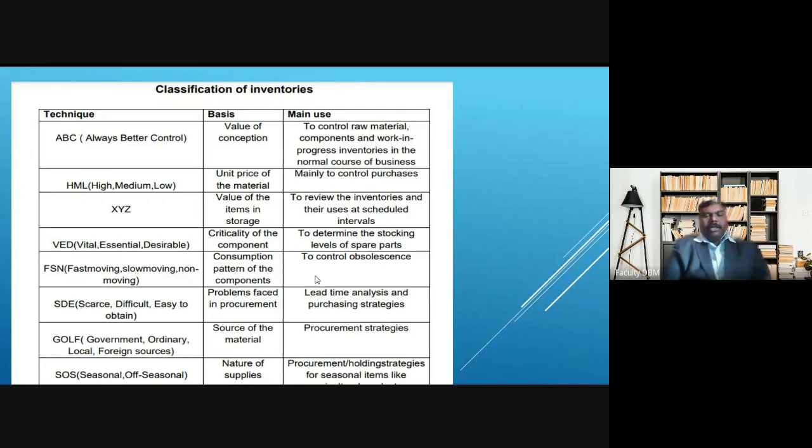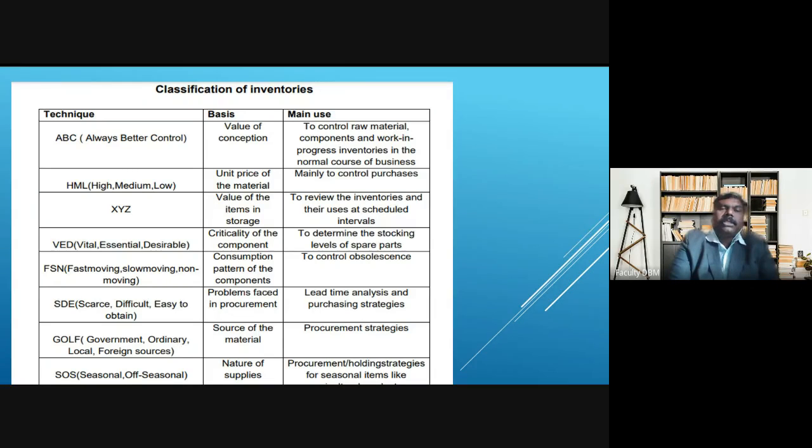So here GOLF means government, ordinary, local, foreign sources. That is, the basis is sources of material. If you want procurement, we have to think either from government, ordinary, local, or foreign sources. We have to get that item. SOS means seasonal, off-seasonal, the nature of supplies, the procurement and holding strategies for seasonal items like agriculture products.